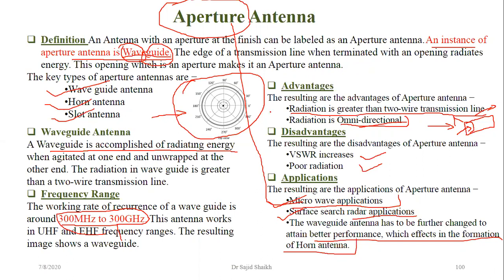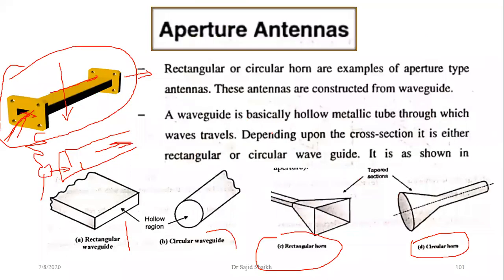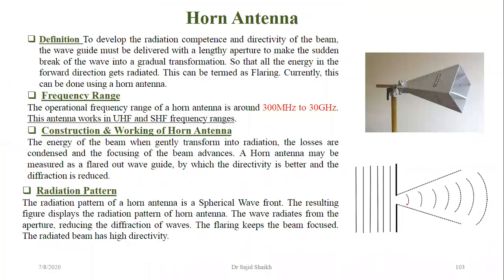Now the next one, yes, we already discussed this. Aperture antennas have different shapes like rectangular, circular. This is the rectangular horn or circular horn. Now, in this slide you can observe the actual shape of these antennas, specifically the horn antenna.